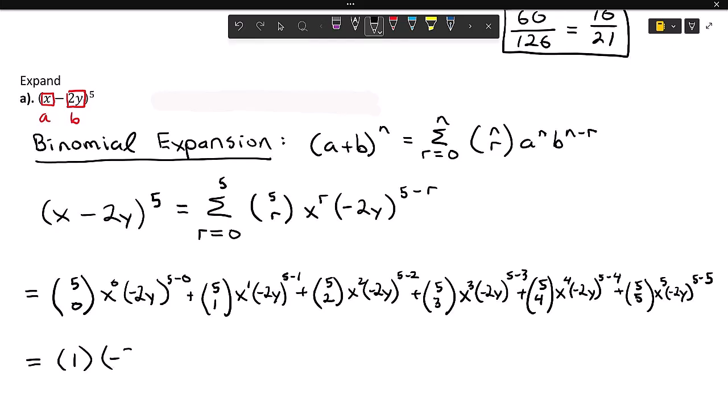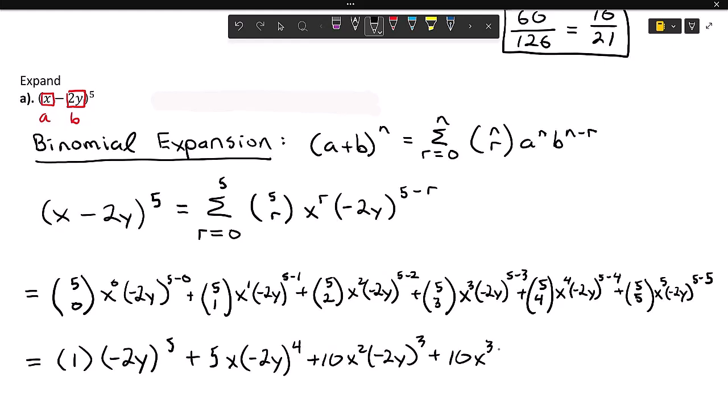So this would just be negative 2y raised to the fifth. 5 choose 1 is 5, so we have 5x times negative 2y to the fourth. 5 choose 2 is 10, x squared, negative 2y to the third. 5 choose 3 is 10, x to the third, negative 2y to the second. 5 choose 4 is 5, 5x to the 4, negative 2y to the first. And then 5 choose 5 is 1, and that would be negative 2y to the 0 power, so that's just going to be x to the fifth.